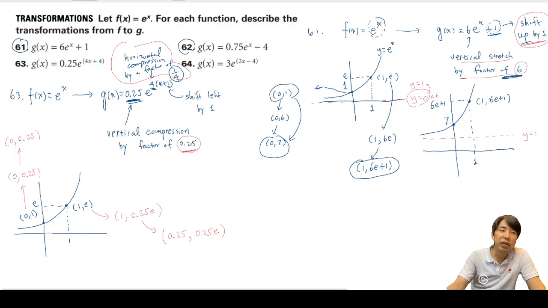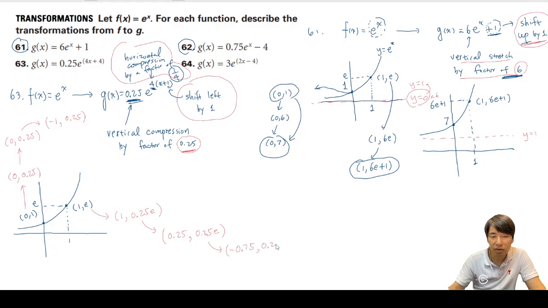The only thing left over is the shift left by 1. Shift left by 1 means you have to subtract 1 from x. So this coordinate becomes negative 1, comma, 0.25. And this one becomes, subtract 1 from here, negative 0.75, comma, 0.25e.